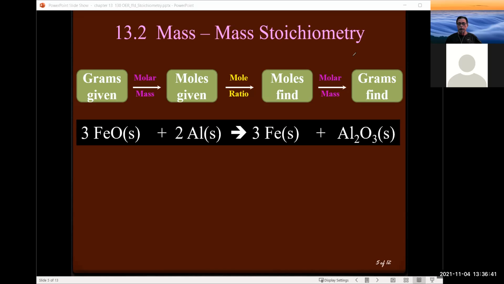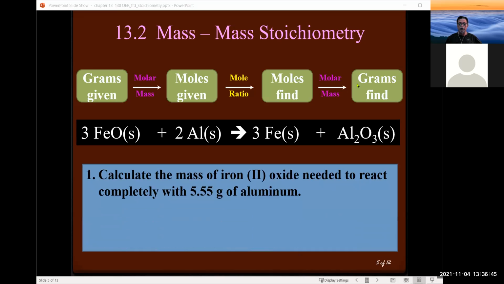Now, the next question they might ask you is this: calculate the mass of iron 3 oxide needed to react completely with 5.55 grams of aluminum. And I can't overemphasize this, we're only concerned about the reactants.